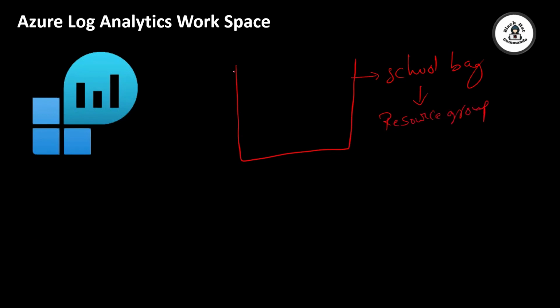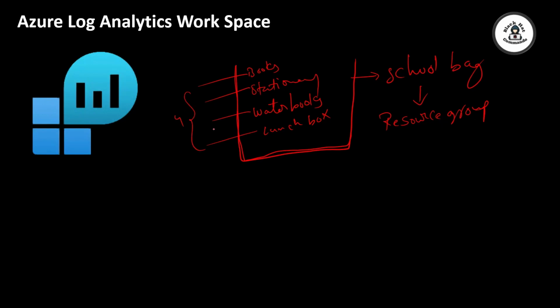All the things related to school are collectively gathered in the school bag. Now we have taken books, stationery, a water bottle and a lunch box. So there are four different kinds of things in this school bag. Inside this resource group, likewise, a particular item or object is a different thing.